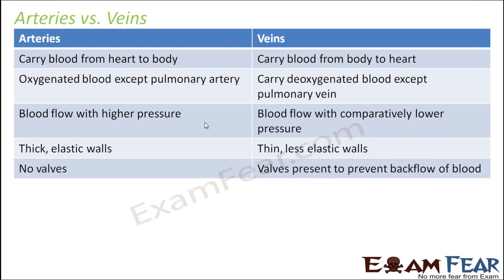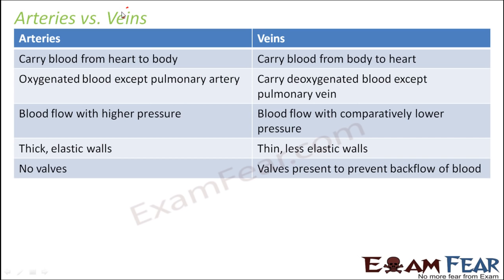Now let us quickly discuss the difference between arteries and veins. So we have covered all the blood vessels. Let us quickly look at the distinction. Arteries carry oxygenated blood, so they carry blood from heart to body, whereas veins carry deoxygenated blood from body to heart. They both have an exception.